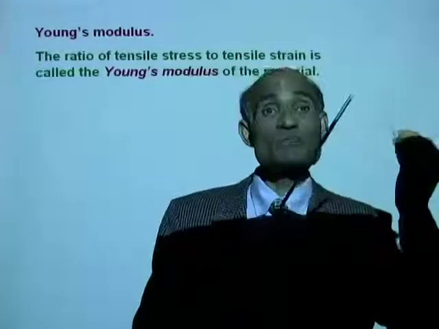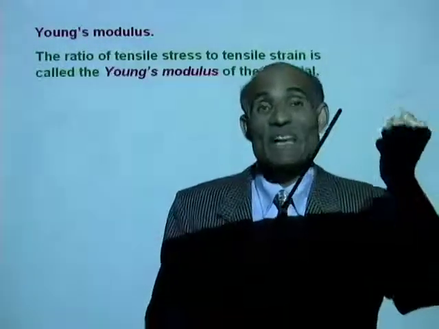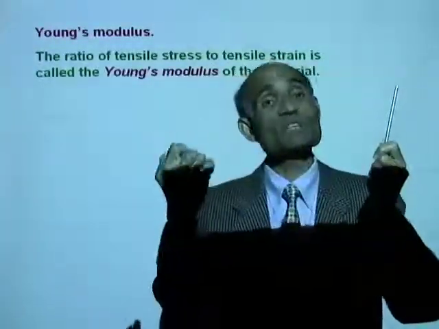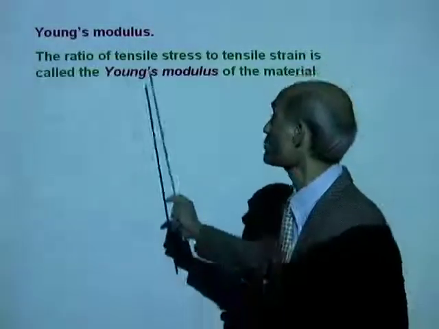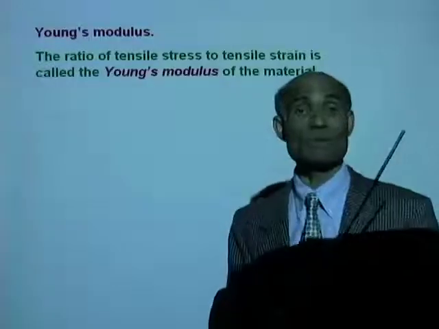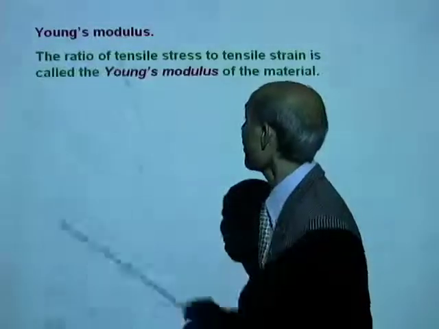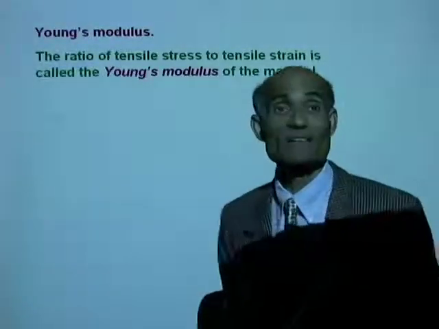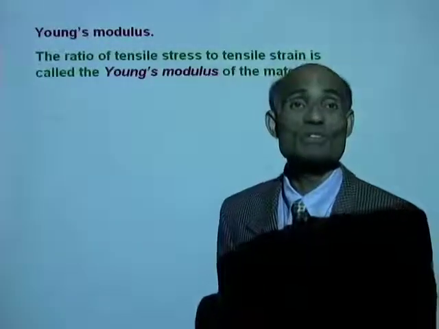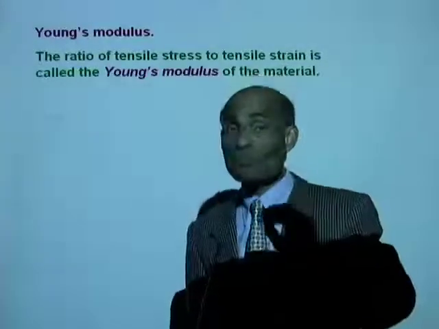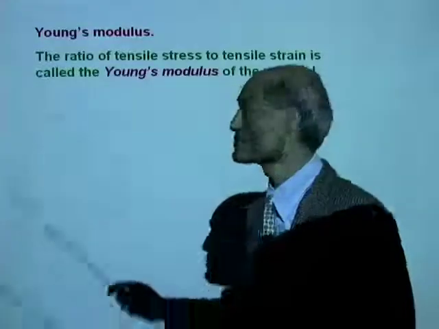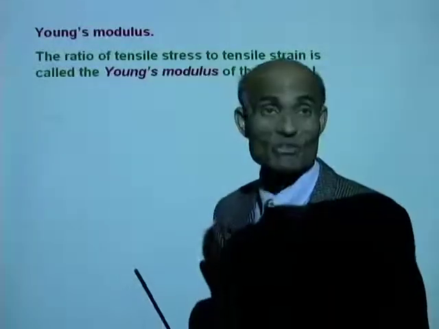If you now take the ratio of the tensile stress to the tensile strain, that ratio is called the Young's modulus of that material. So the ratio of tensile stress to tensile strain is called the Young's modulus of elasticity. It's the modulus of elasticity. So what is the definition of Young's modulus?